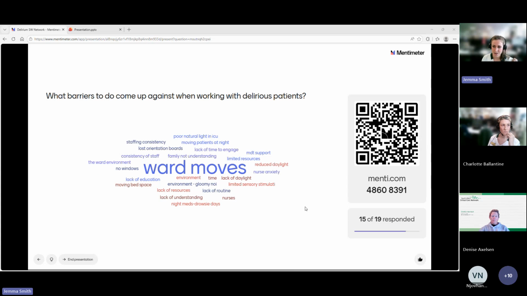In terms of adapting the environment, does anyone have access to Lumi lights? Is that something you guys are using? Any hands up for a Lumi light, or are we very lucky to have just 4 of them, but some at least?